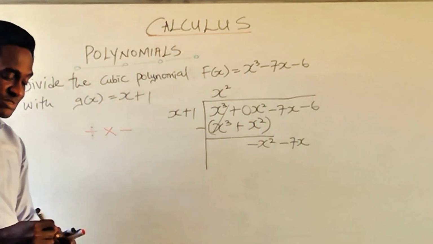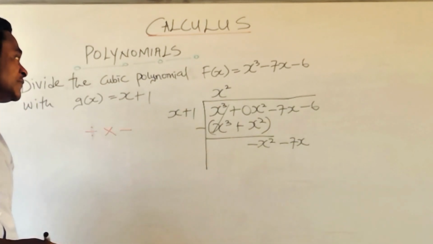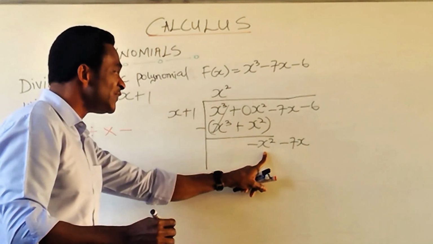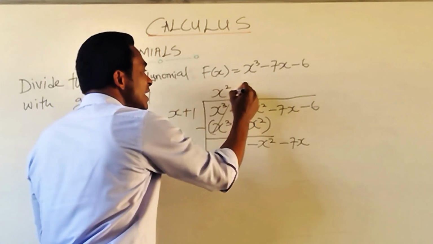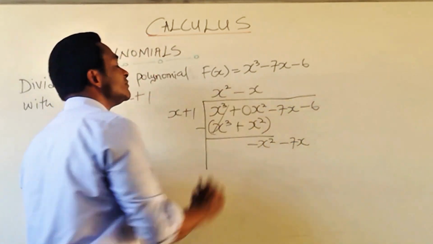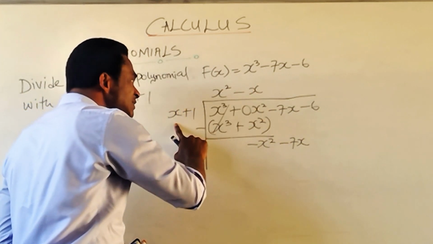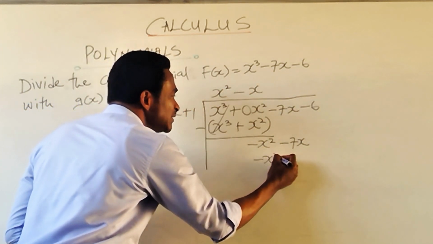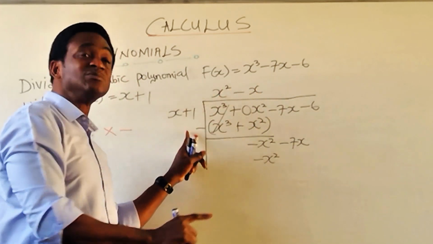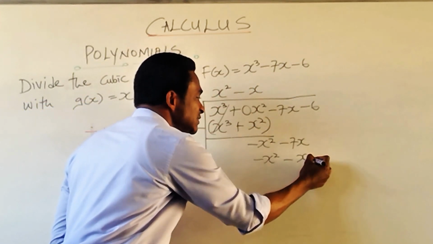Let's go through this process again. We repeat the process again. X into negative x squared is negative x. Now we multiply. Negative x times x is negative x squared. Negative x times 1 is negative x.